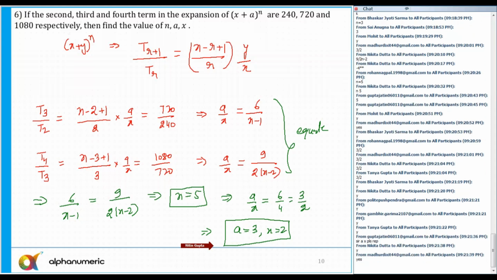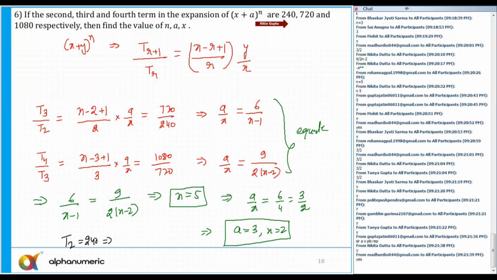Now we have got that the value of a by x is equal to 3 by 2. And we also know that the second term is equal to 240. So T2 is equal to 240.